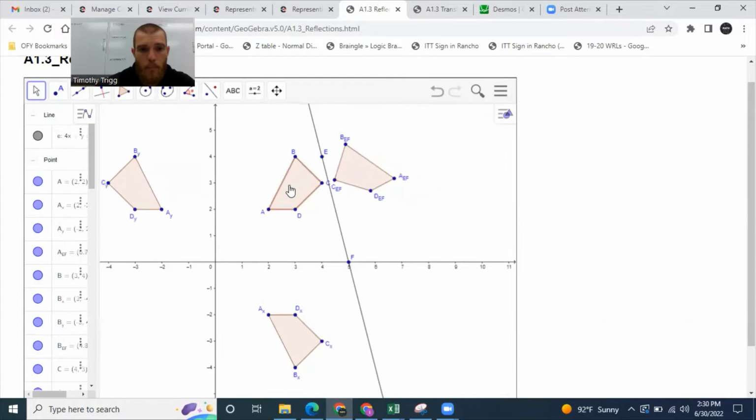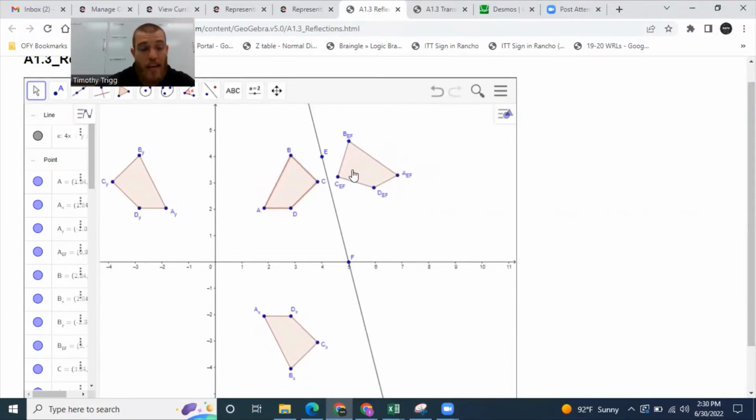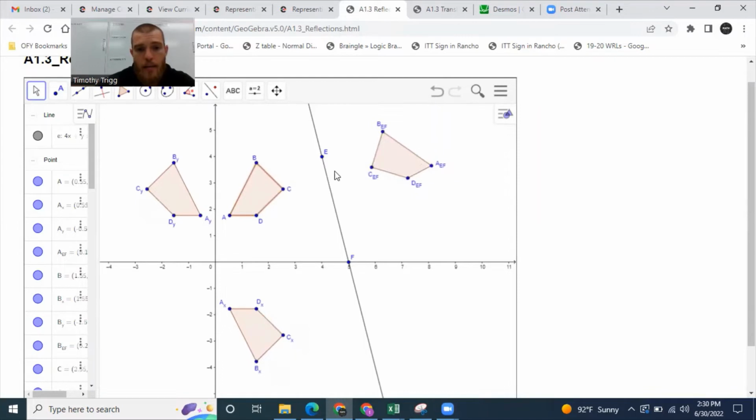Notice how if I move my pre-image closer, the image also comes closer. If I move my pre-image away, then the image also moves farther away. That's a key aspect with reflection. Whatever the distance to the line of reflection, the distance away from the line of reflection is the same.